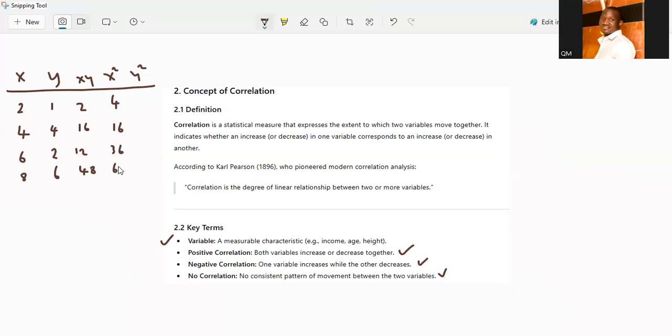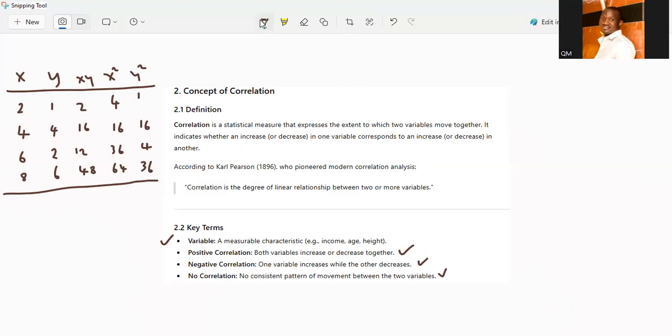And y squared, we square the y values: 1, then 1, 16, and for the last two, 4 and 36. Then we total these up.